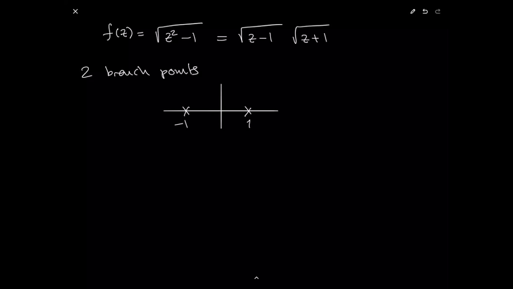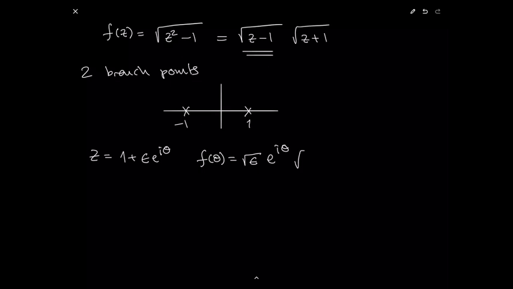Just to check, let's look at a closed loop around z equals 1. So let's take z equals 1 plus epsilon e to the i theta, okay, and let's see what happens to the function f of theta. Well, you get that it is equal to square root of epsilon e to the i theta. That's what will come out of this one here.